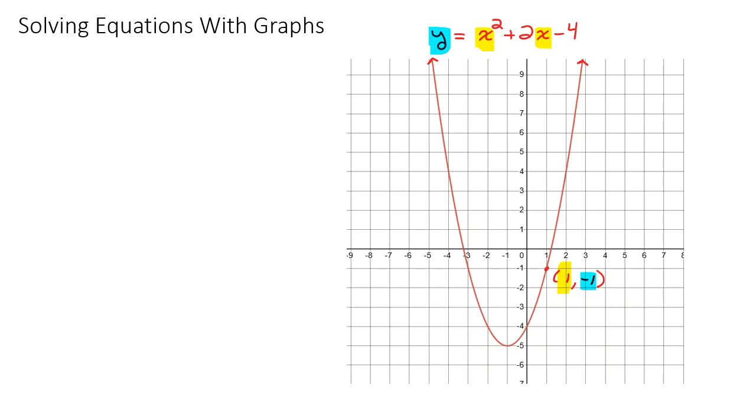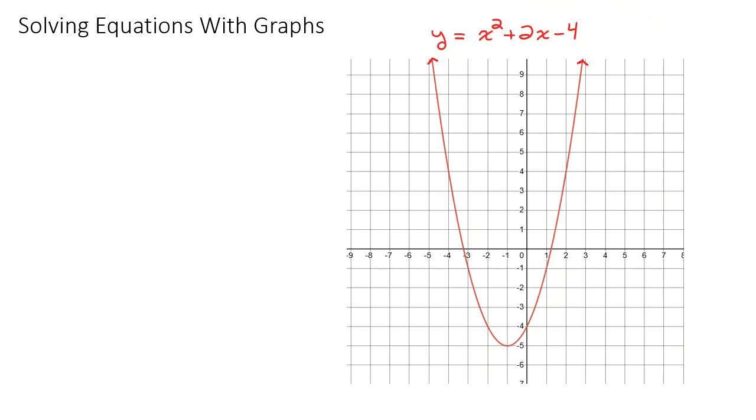I get 1 squared plus 2 times 1 minus 4. So what would that give me? 1 squared is 1, plus 2 minus 4. 1 plus 2 is 3. Take away 4 is -1. And so every single point on this parabola will make that equation true.